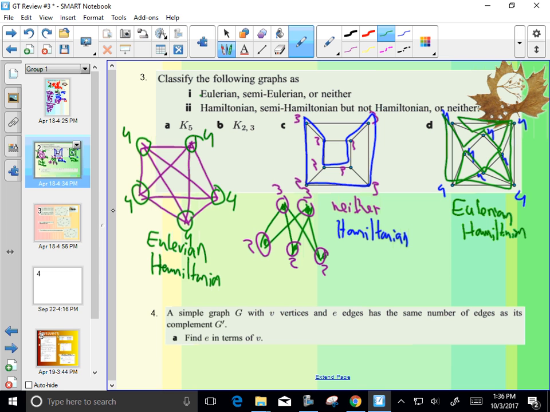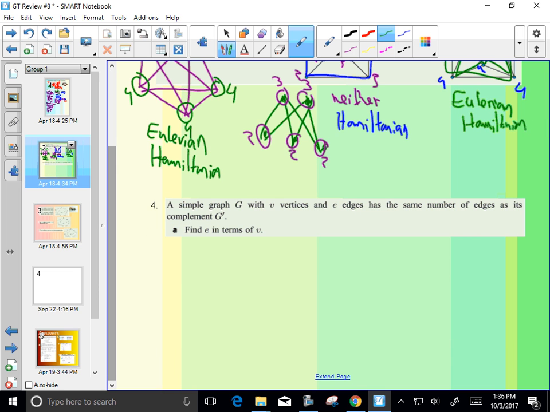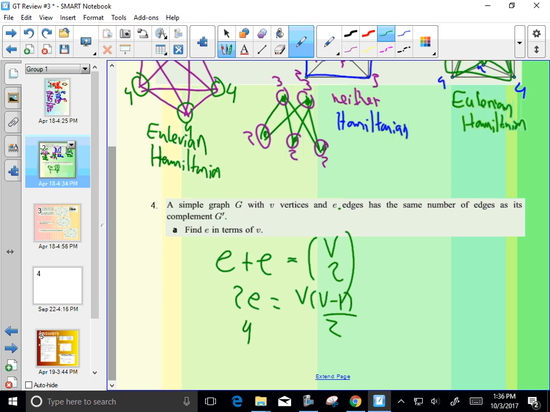Okay, let's do number 4. This one's probably the last one we'll get to. It's an easy one. A simple graph here, V vertices, E edges, and the same number of edges in the complement. So E plus E is equal to V choose 2. I bet you could do this one now. 2E is equal to V times V minus 1 over 2. And so this is going to be 4E equals V times V minus 1.